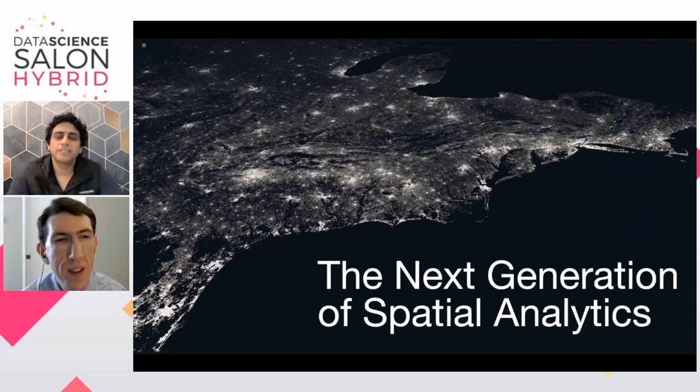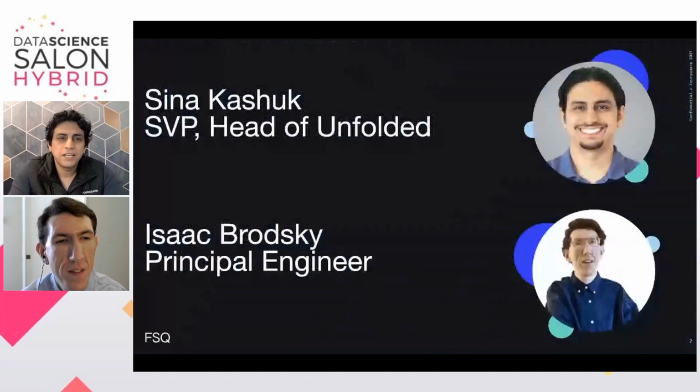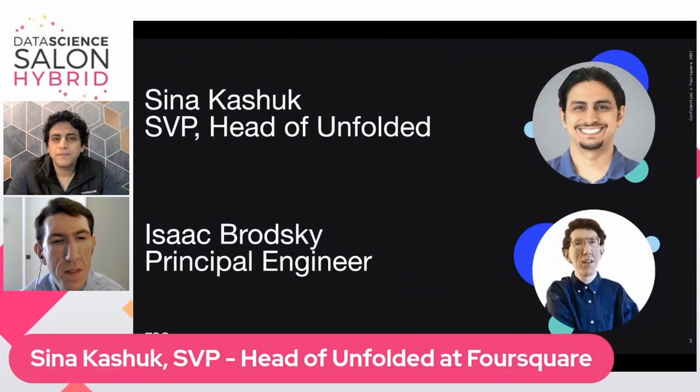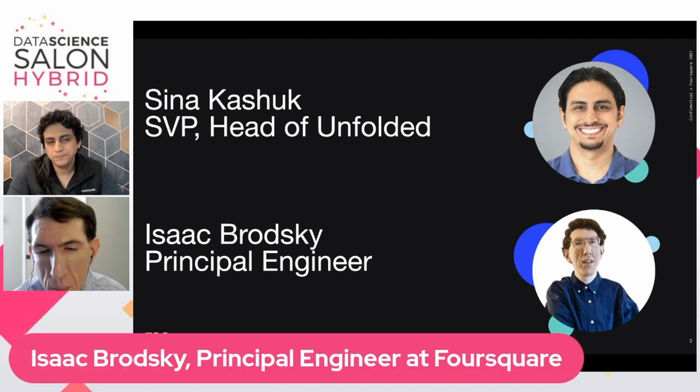Hi, everyone. Thanks for joining this session. My name is Sina Kashuk. I'm head of Unfolded at Foursquare. Prior to Foursquare, I was co-founder at Unfolded. And before that, I was a data scientist at Uber and a couple of other organizations such as DataKind. I'm here today with my colleague, Isaac Brodsky. Hi, I'm Isaac Brodsky.